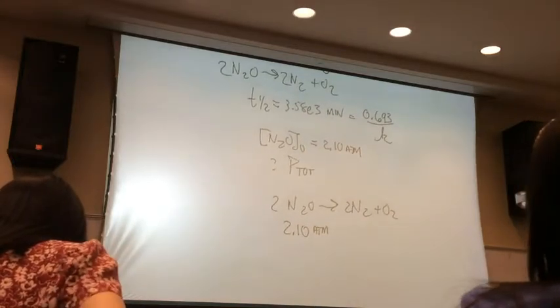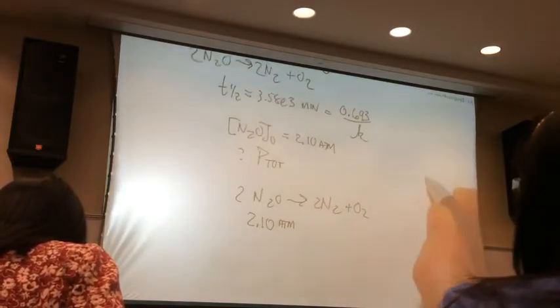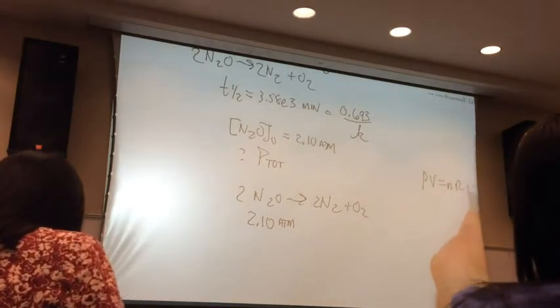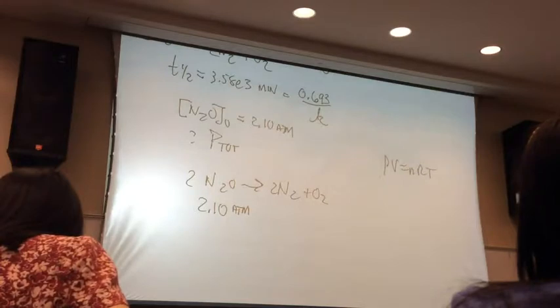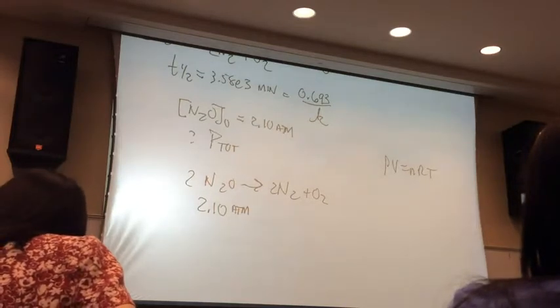Remember that PV equals nRT, so pressure and moles are proportional, and we can do the stoichiometry with pressure. We're keeping temperature and volume constant.